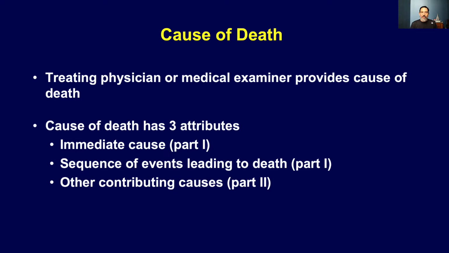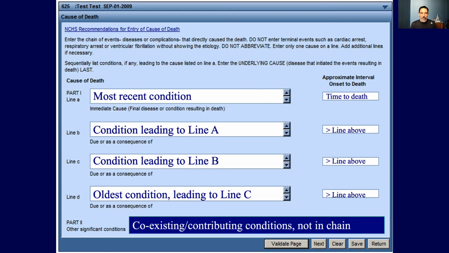So the treating physician or the medical examiner provides information on the cause of death. The cause of death has 3 attributes to it: the immediate cause, part 1, the sequence of events that lead to that death, which is also part 1, and then other contributing causes on part 2. So to give you a sense of what this looks like, on the electronic screen, the provider would fill out these things here.